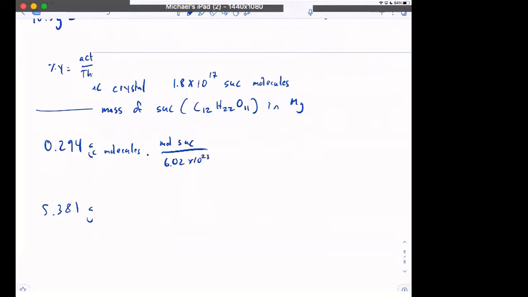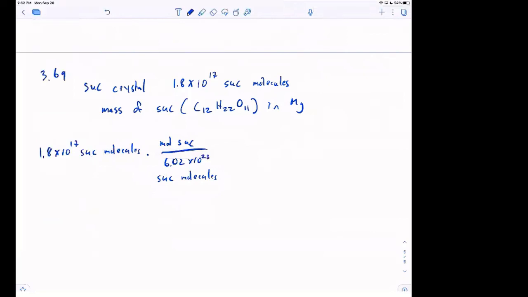I'm going to write that out. There we go. So that gives us moles of sucrose. And we need to go to grams, so moles of sucrose is on the bottom, and then you get the molecular weight. So it's going to be 180 times 2 minus 18.